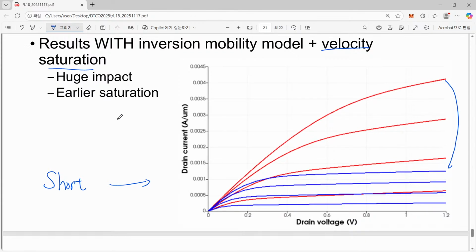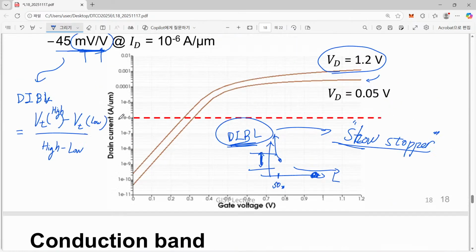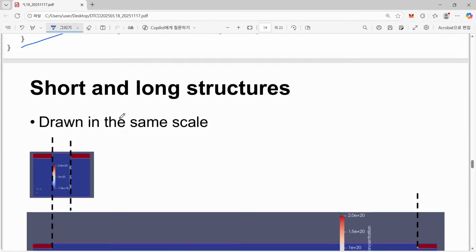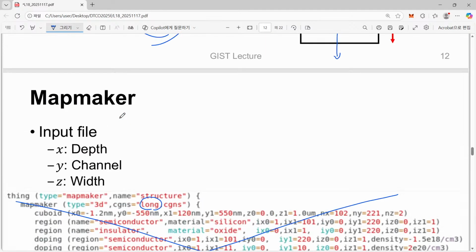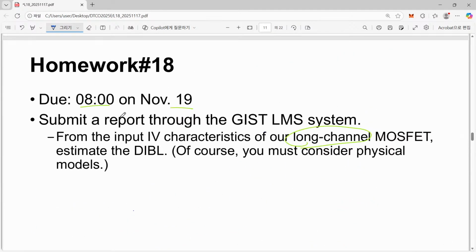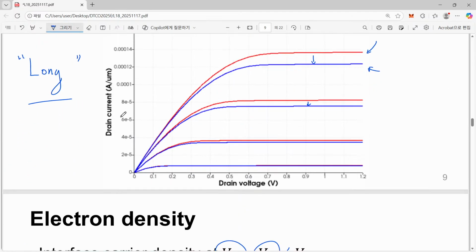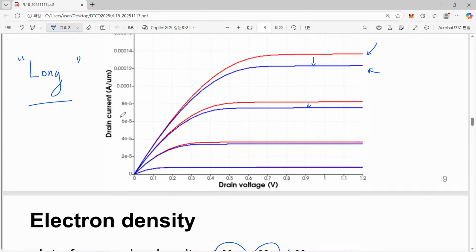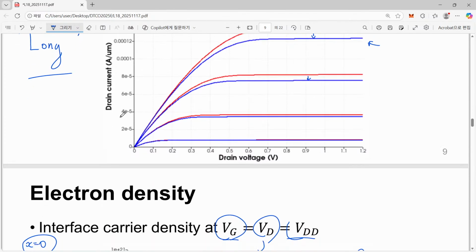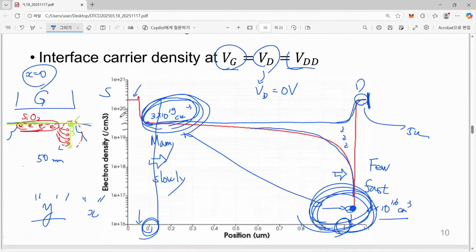the velocity saturation model, and let's come back to our long channel one. We will see the graph corresponding to the previous one. Yes, this was the long channel case. In this case, with or without the velocity saturation effect doesn't make a big difference. Of course, the current is reduced, but that was not that severe.